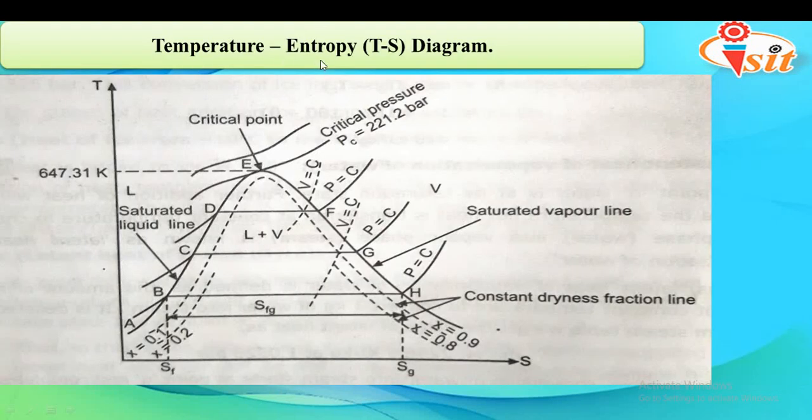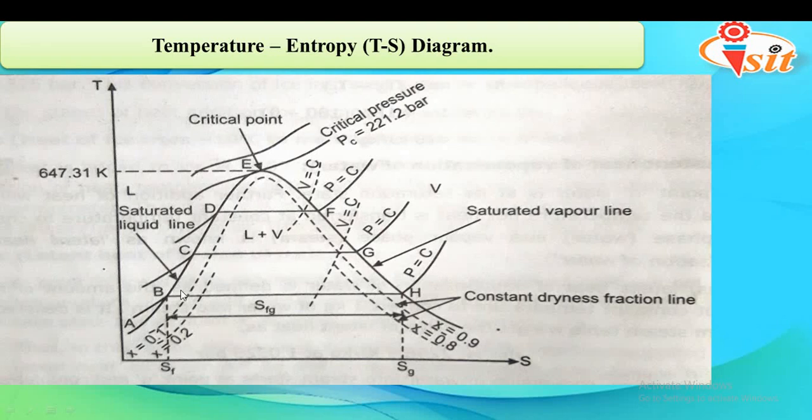Here we have the temperature-entropy diagram, which we call the TS diagram. On the y-axis we have temperature, and on the x-axis we have entropy. The formation of steam that we have seen in previous slides can be represented on this graph.